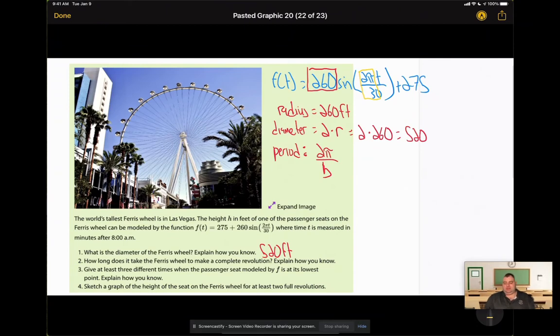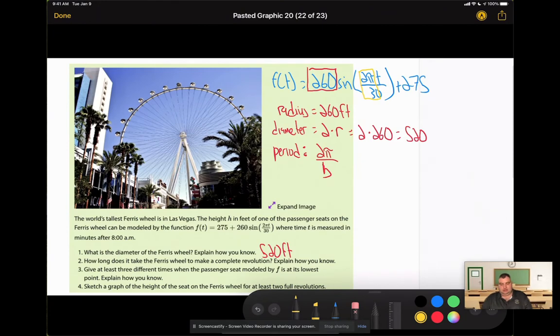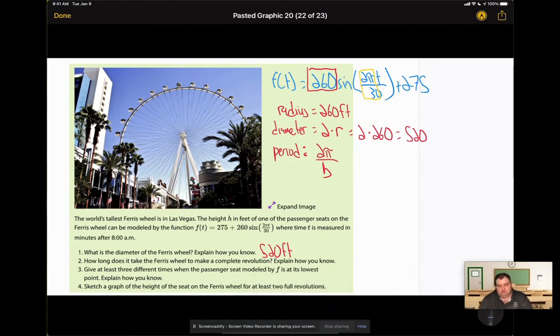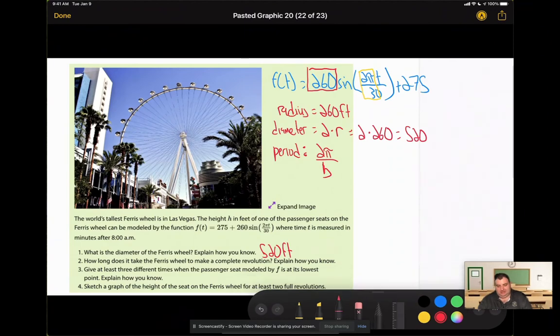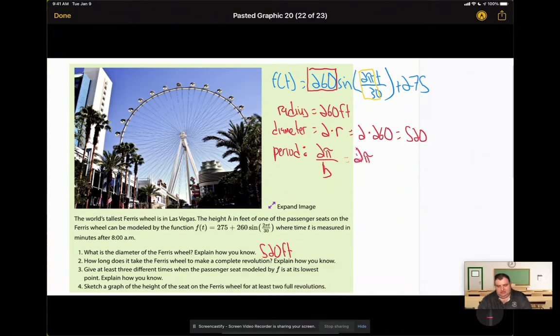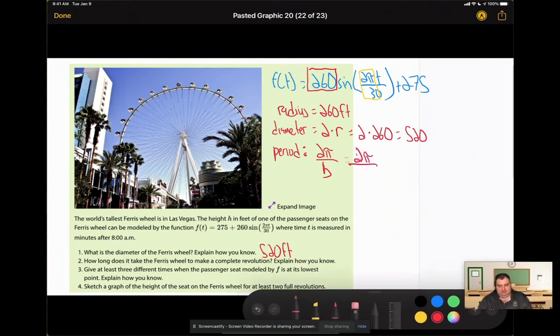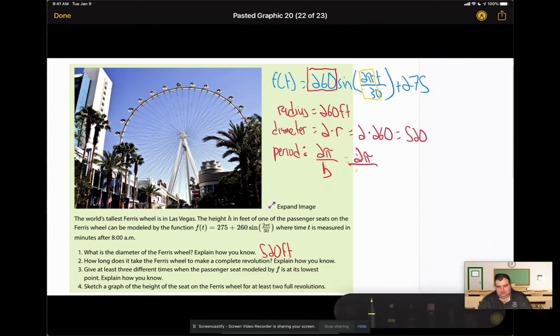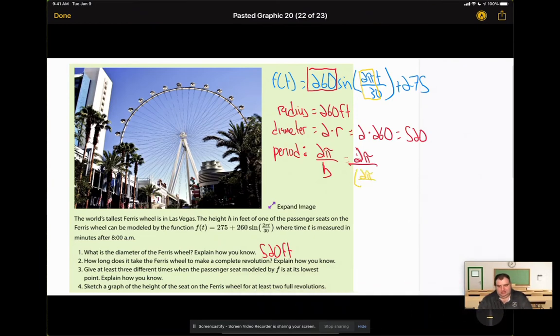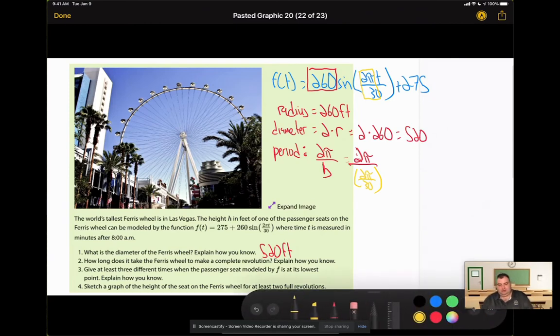Okay, so that means in order to figure out the period, I need to do 2 pi divided by 2 pi over 30. So I need to calculate that. 2 pi divided by 2 pi divided by 30.